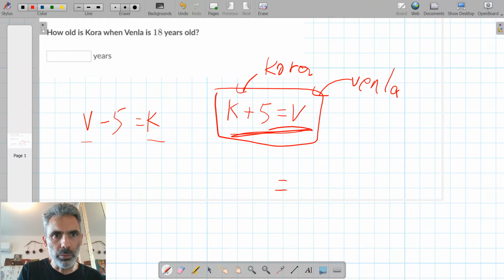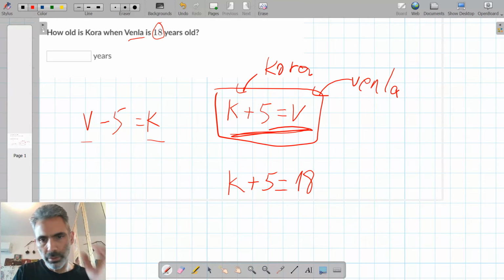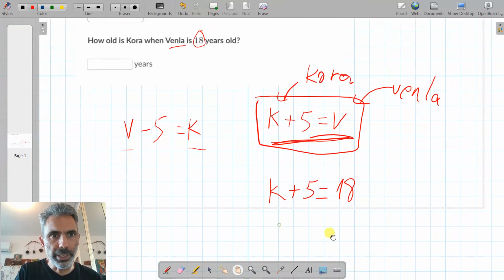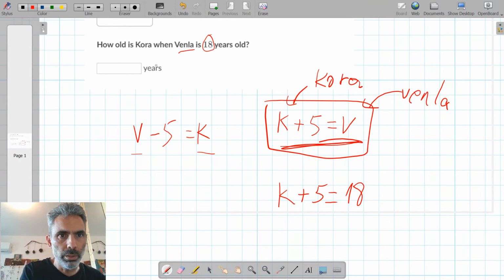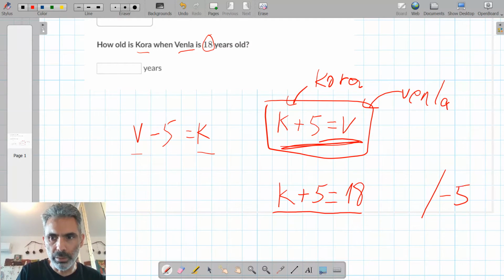If V equals 18, Venla's age is 18, so I plug in 18 instead of V. So the equation is K plus 5 equals V. And I need to isolate the K because I want to know what Cora's age is. To isolate the K, I need to subtract 5 from both sides of the equation.